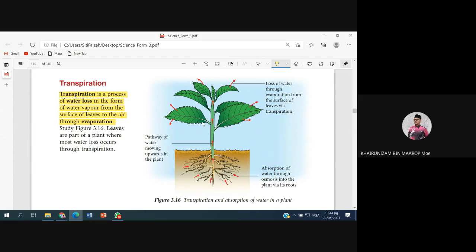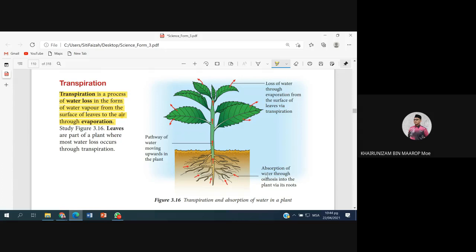The plants will release water vapor when they do respiration and photosynthesis process.